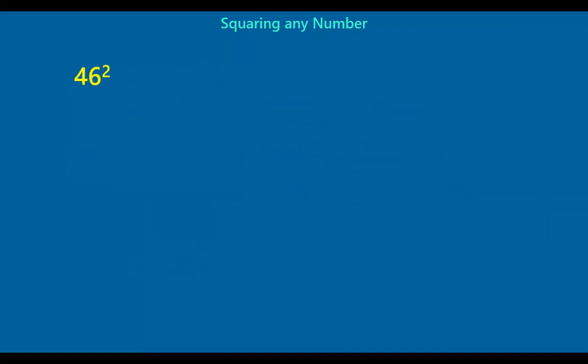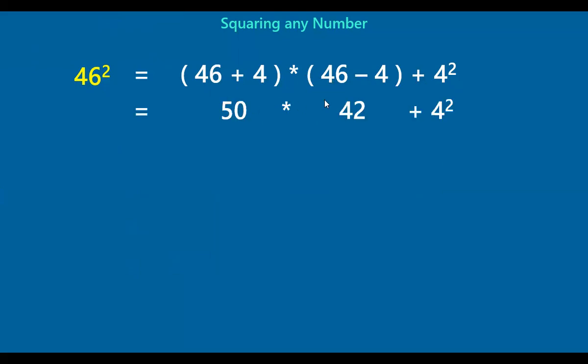So let's take another example, 46 square. So the nearest whole number is 50. So the difference is 4. That's why we have taken 4 here. 46 plus 4, 46 minus 4. So a plus b into a minus b plus b square. So this becomes 50, this becomes 42 plus 4 square.